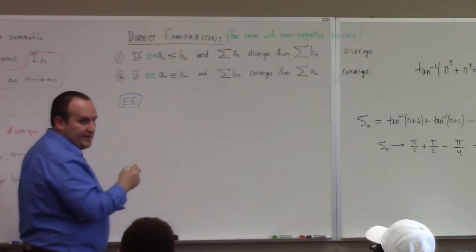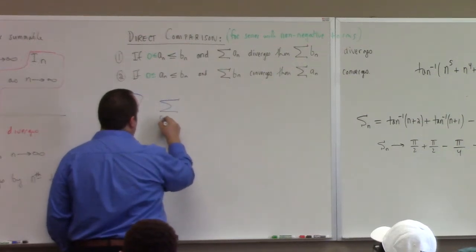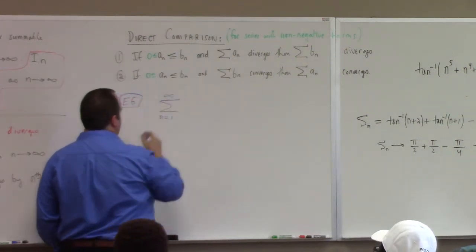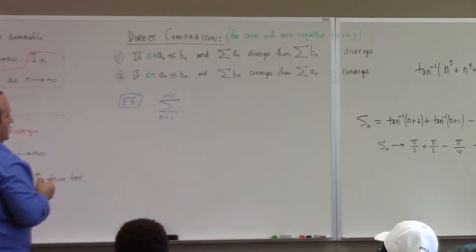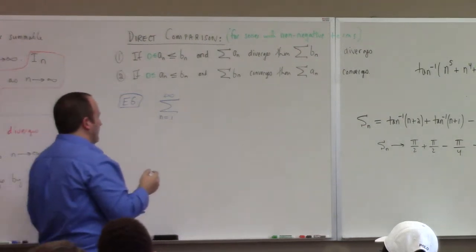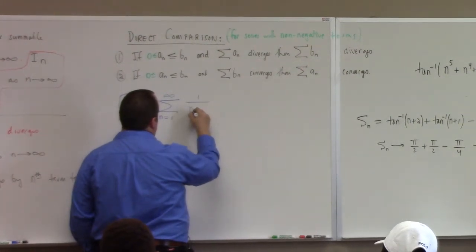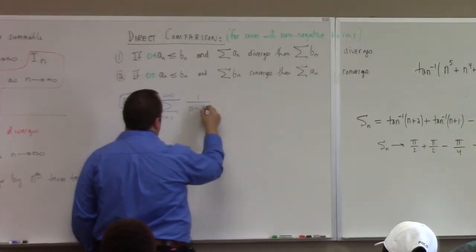Let's see here. How about the sum from n equals 1 to infinity of 1 over n minus pi.